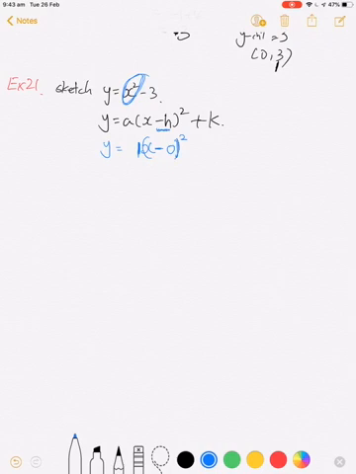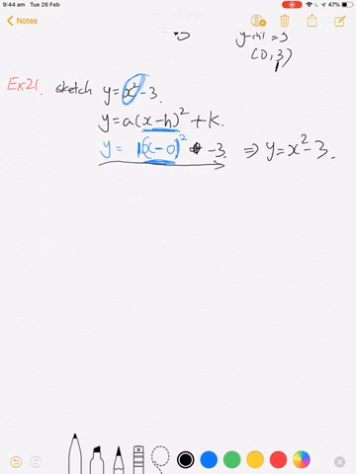Okay, so you see this looks similar to your turning point form, but it is x squared. Okay, it doesn't change anything. And we can write the rest of it, which is your minus 3. Okay, minus 3. So this is equivalent to y equal to x squared minus 3, and then we write it in this form so that we can identify our turning point.